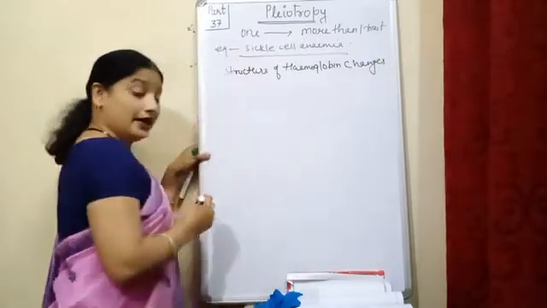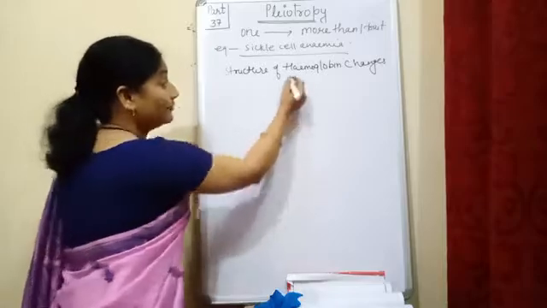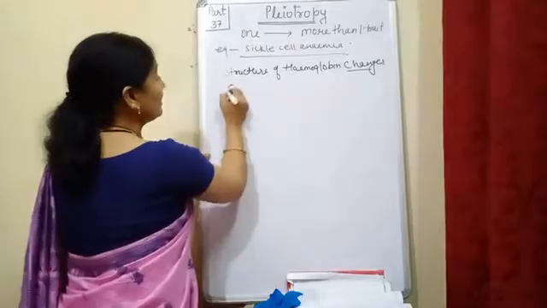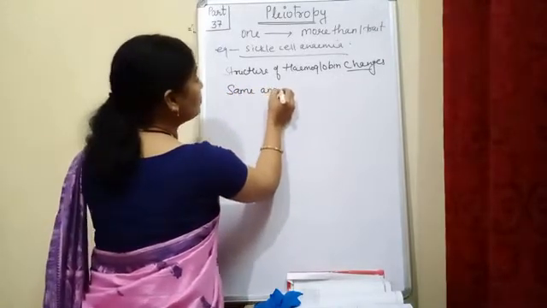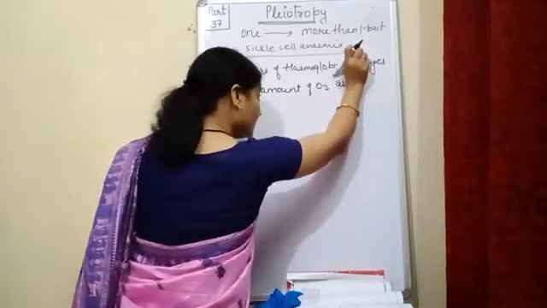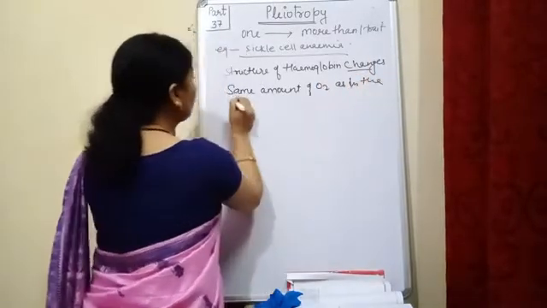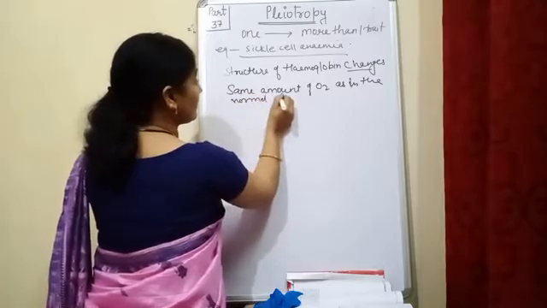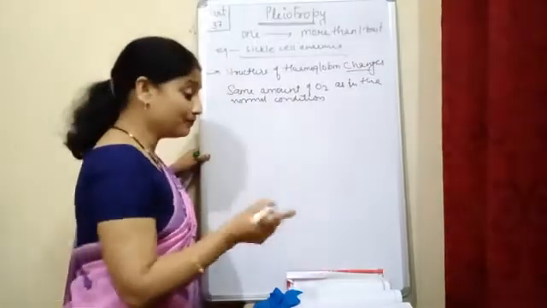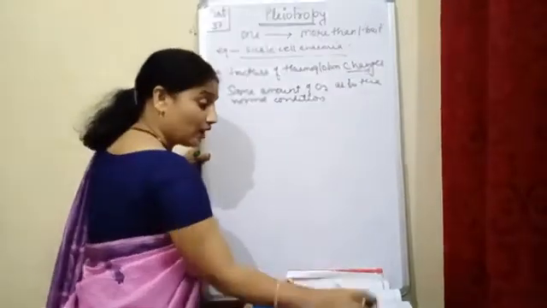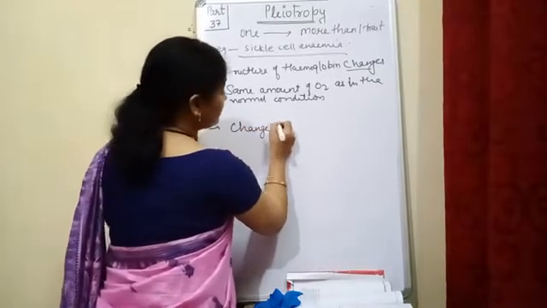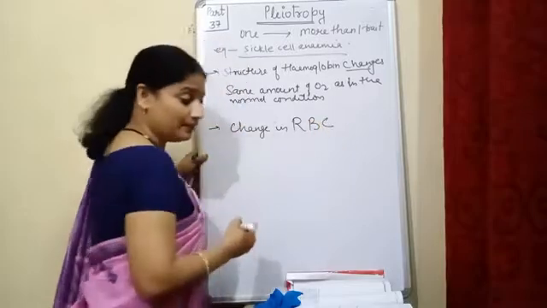Now, after this change, it is not able to carry or transport the same amount of oxygen as in the normal condition. Okay, this is one important problem. Second, now how has it happened? Second, there is the change in RBC.